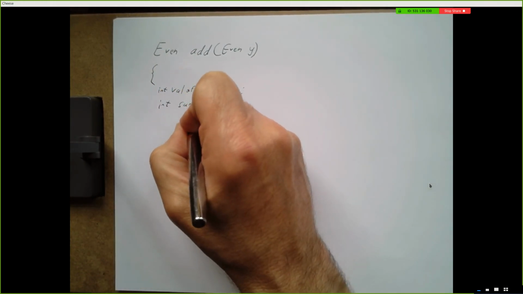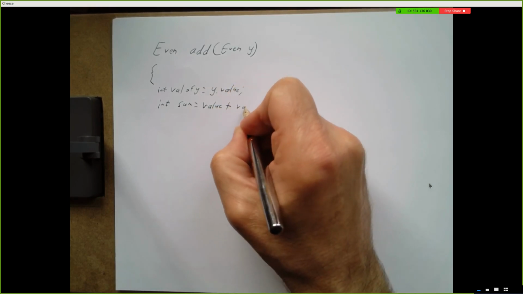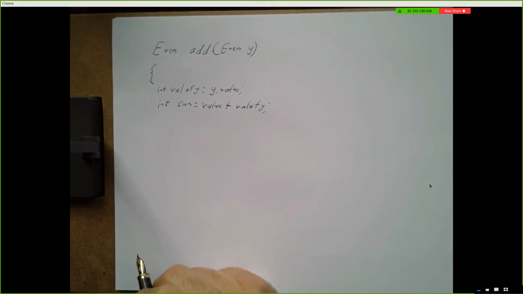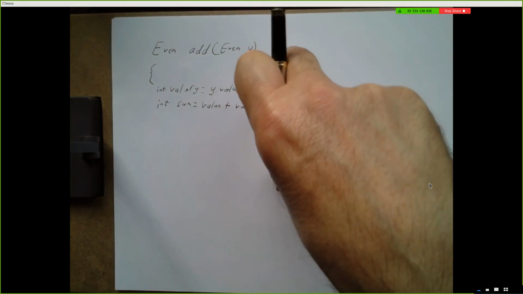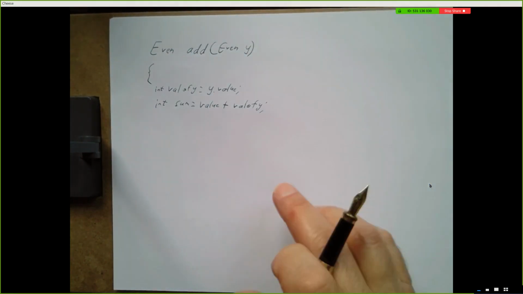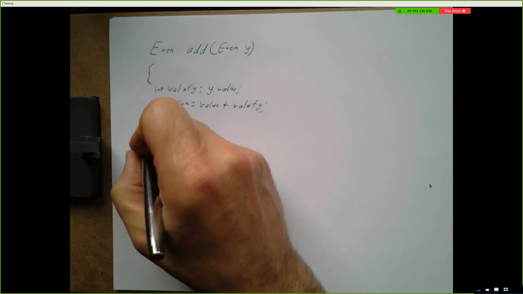Integer sum equals value plus value of y. So that's the value of whatever object I'm calling add from, added with the value of y, and I'm storing that in sum.